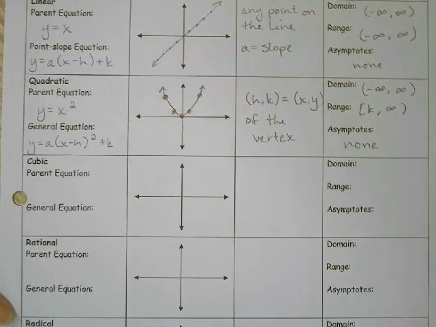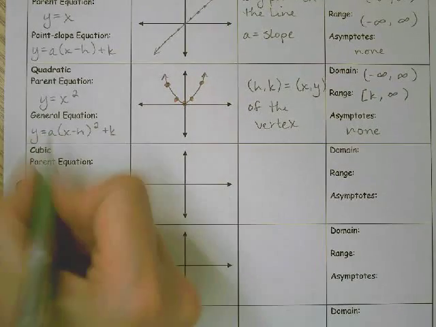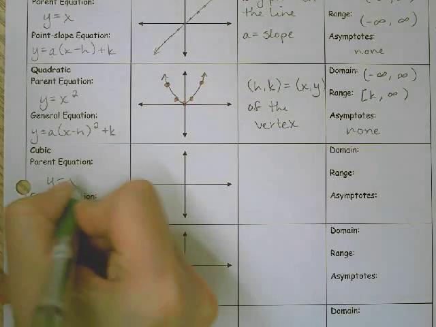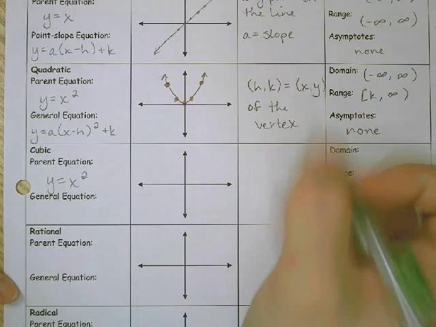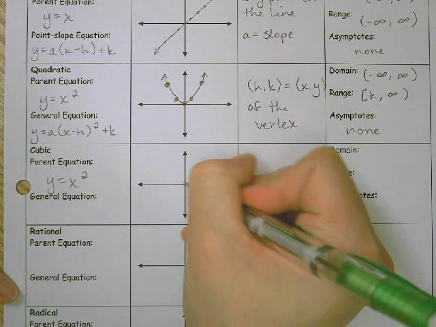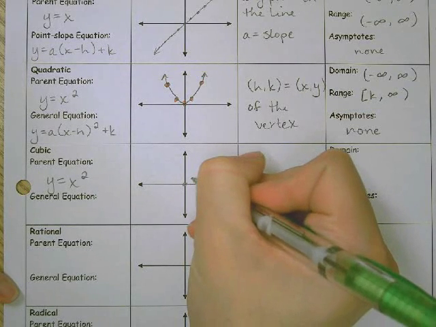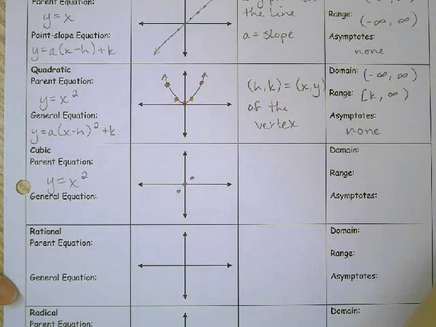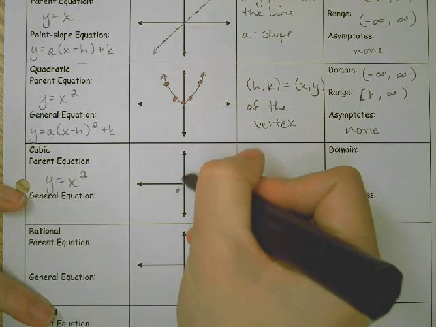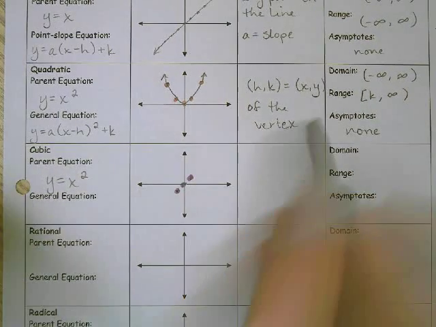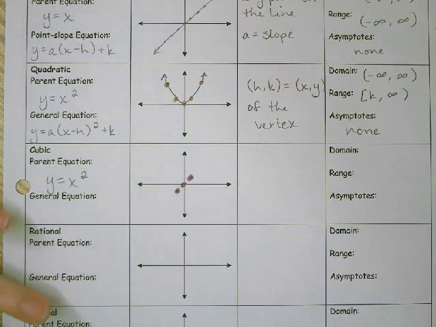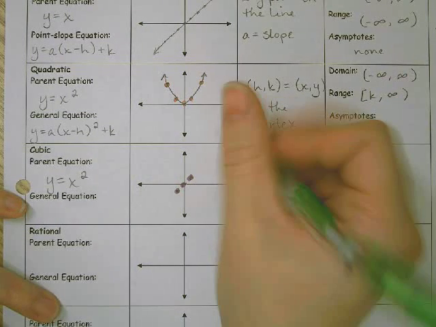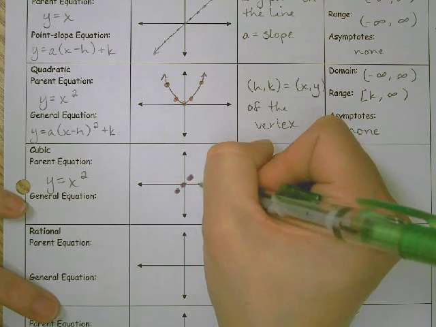The cubic equation is y equals x to the third. And what that looks like, you have the point 0, 0. 1 cubed is 1. Negative 1 cubed is negative 1. Those 3 points are the ones you need to show. What happens there, because this is not just a little straight line, is as you go out, 2 cubed is 8.